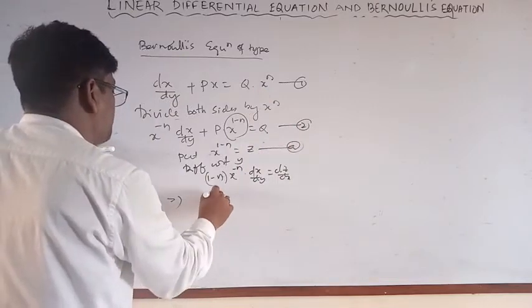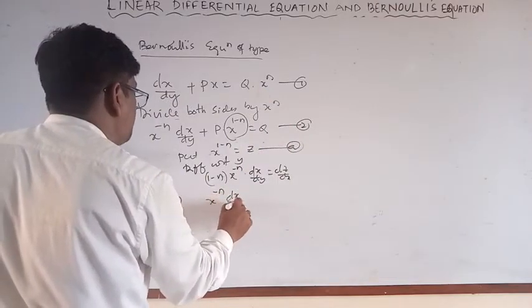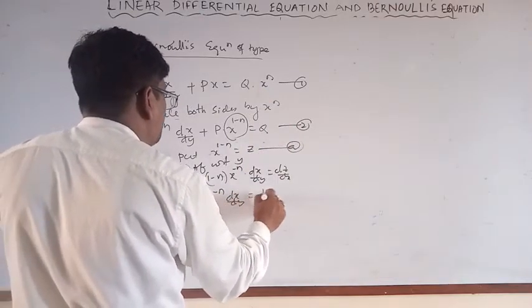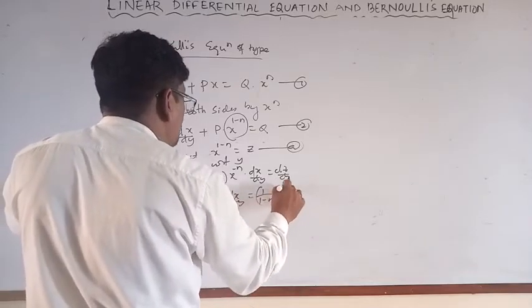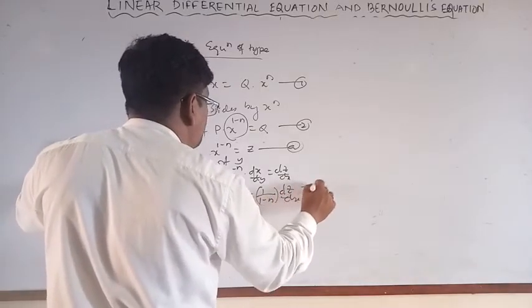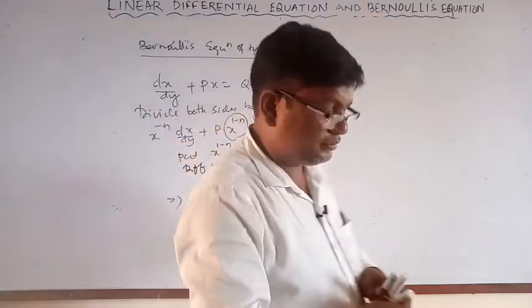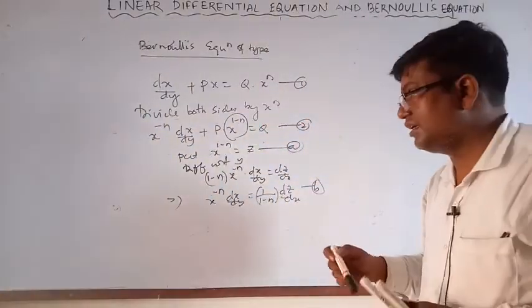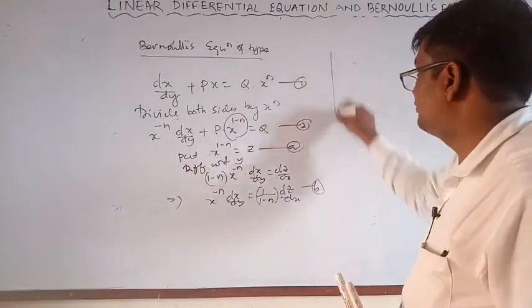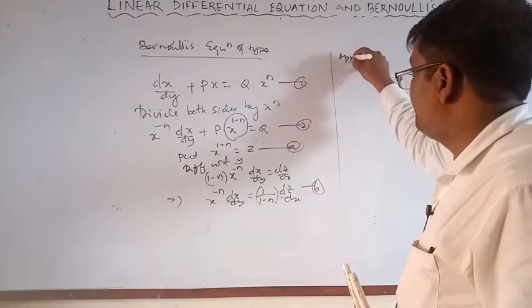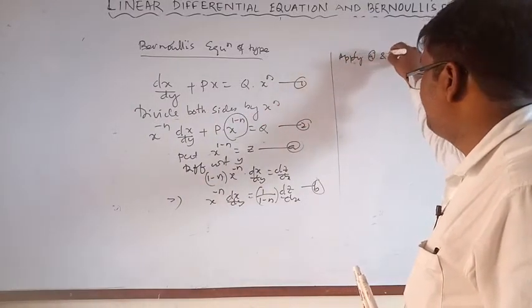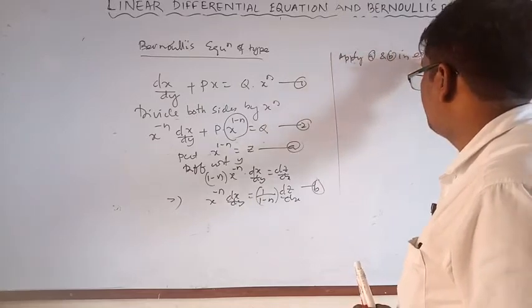Then x to the power minus n dx by dy is equal to 1 by 1 minus n into dz by dy. Suppose this is equation b. Apply a and b in equation 2.